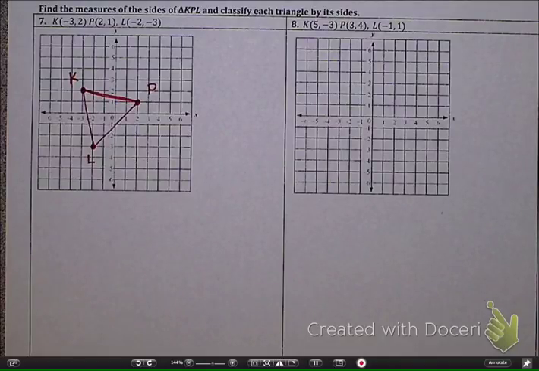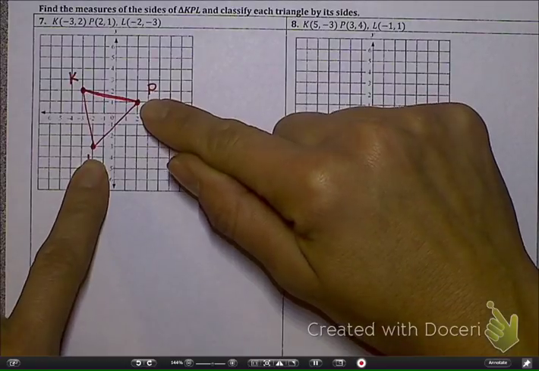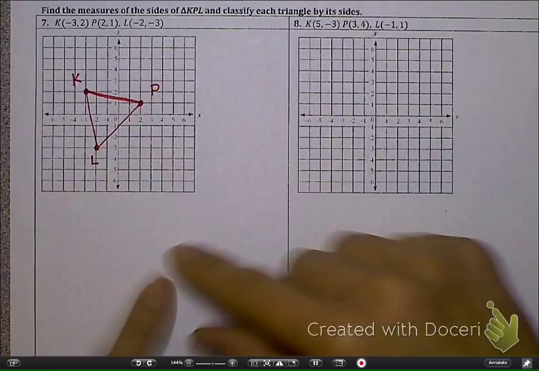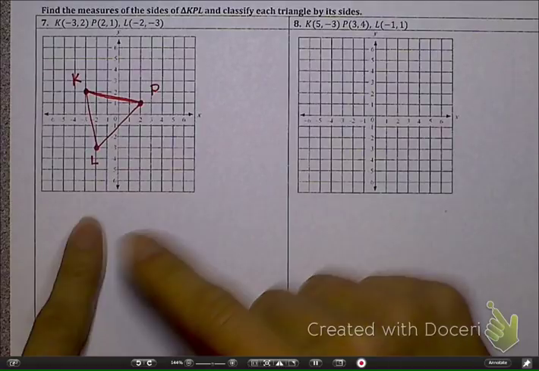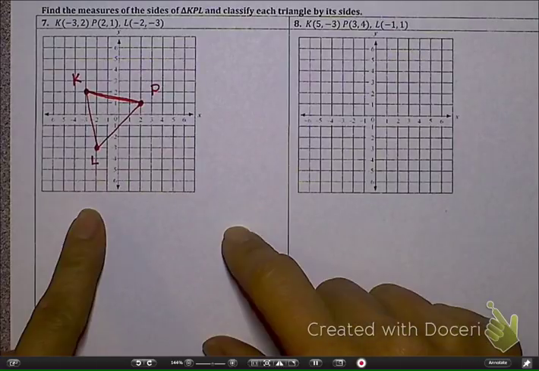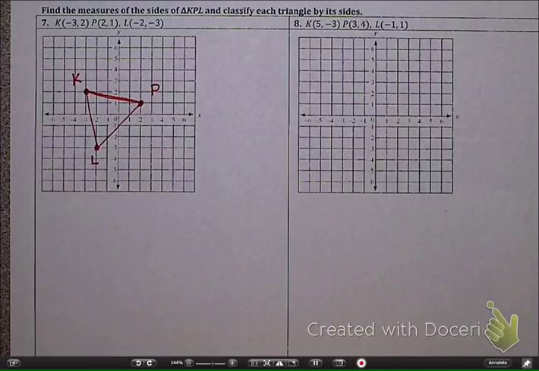In the distance formula, remember you have to use the ordered pairs, and you plug them into that square root with the parentheses and the x's and the y's, and then you subtract, you add, you square, you do all this stuff. It's kind of a long process.